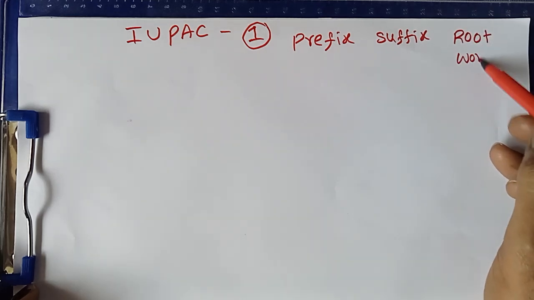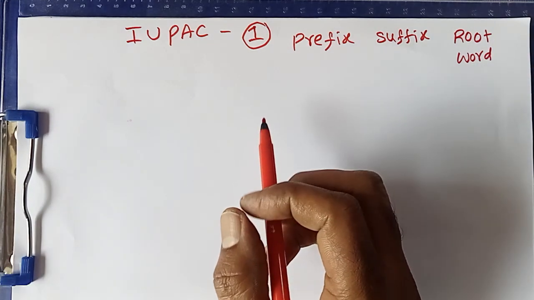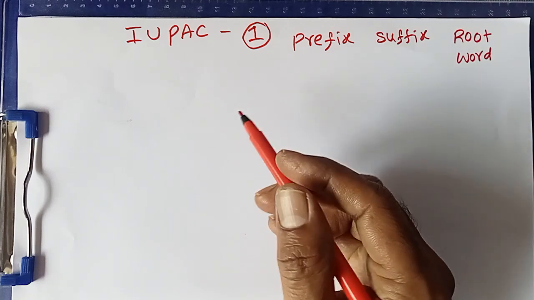Root word, this meaning, and how they are arranged. That is the class 1. And what is the use of these three?